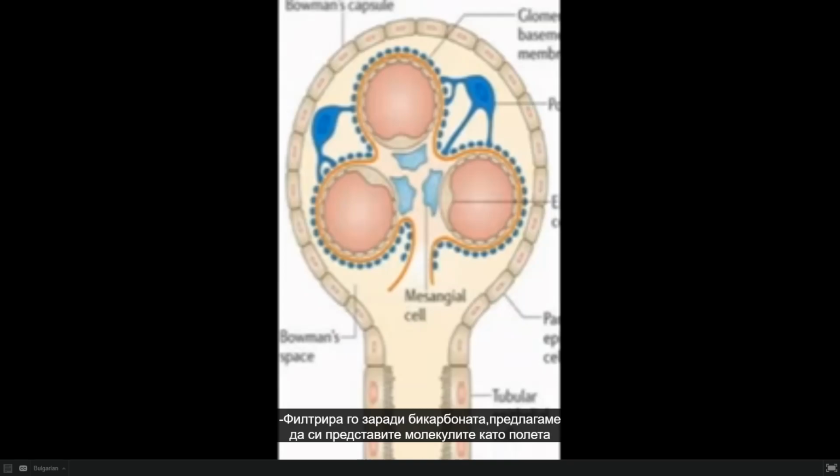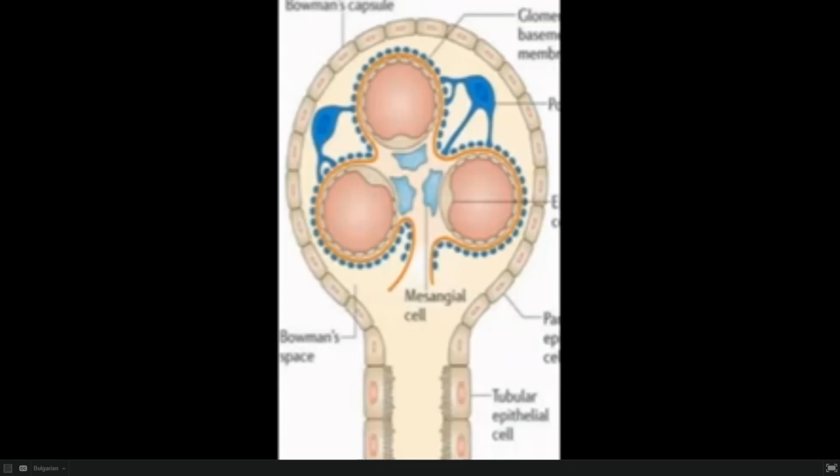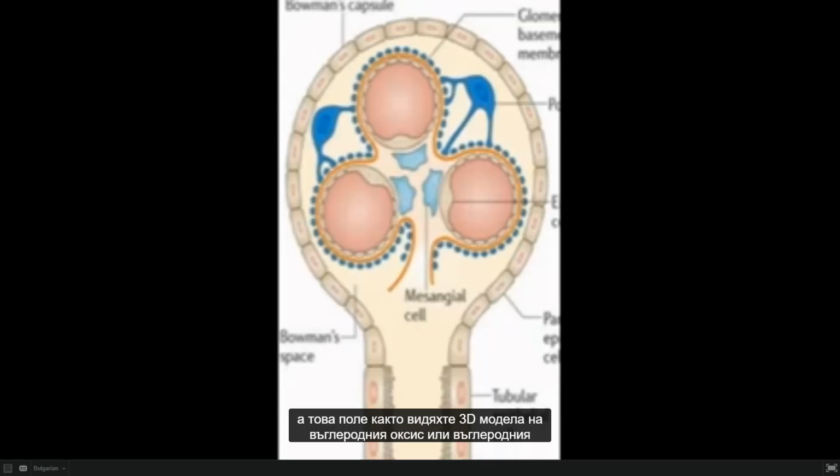We're supposed to imagine the molecules like fields, like you see in the 3D model of carbon monoxide or carbon dioxide. This is because of the organization of the atoms inside of the molecules in some kind of geometrical figure in space, but it's the same organization that the fields of that molecule and the gas of that molecule have.